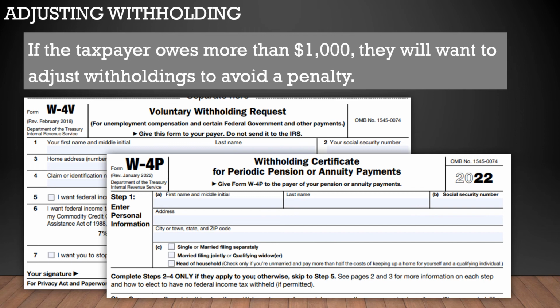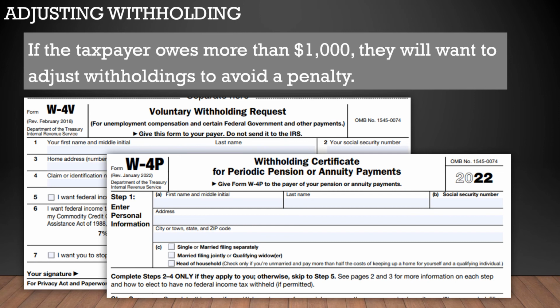It's not the case here in most cases. And in a few cases, like with the early distributions, they might be. But that can leave our taxpayers open to owing a lot of money, and they may or may not be expecting it. If the taxpayer owes more than $1,000, they're definitely going to want to adjust their withholdings to avoid a penalty in the next year.